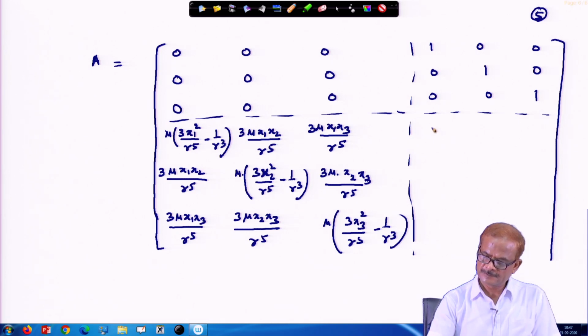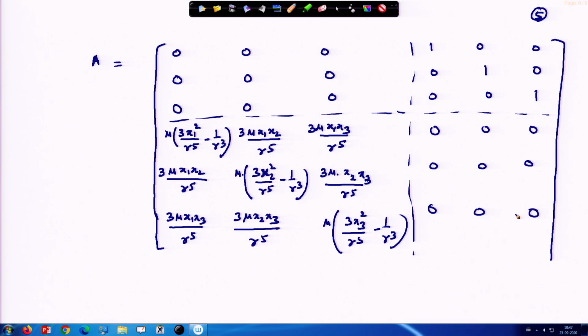And here in this place, okay. So, this is your A, the Jacobian matrix, which we have got after linearizing the equation x tilde dot equal to f x tilde.